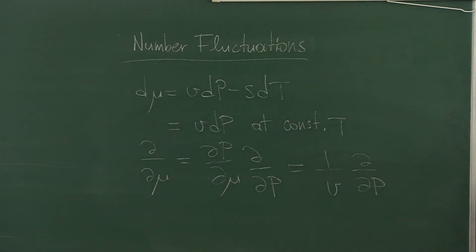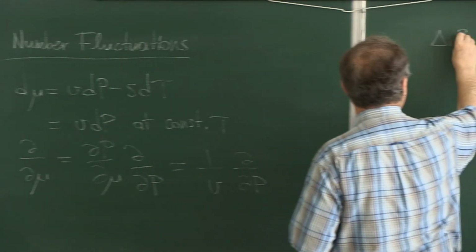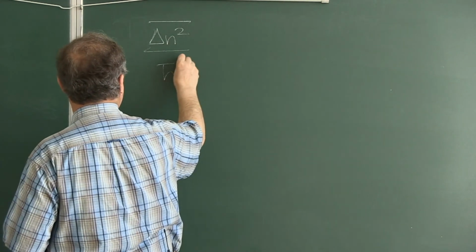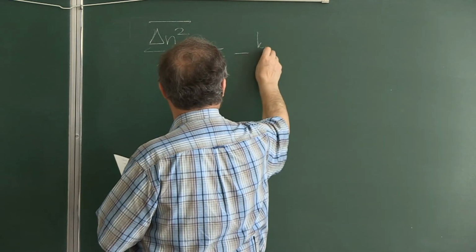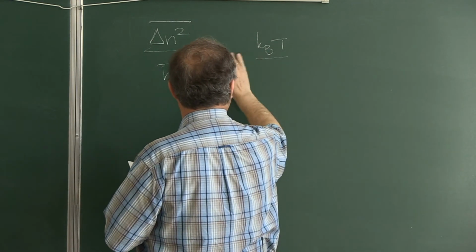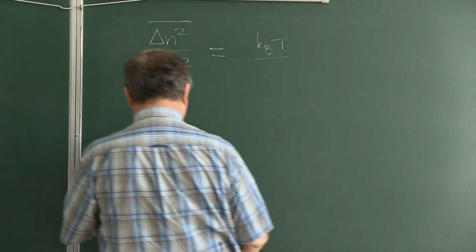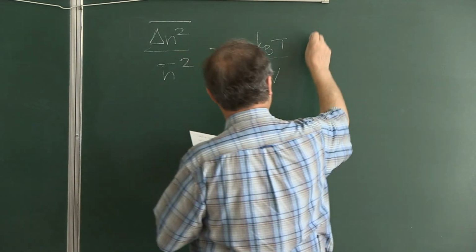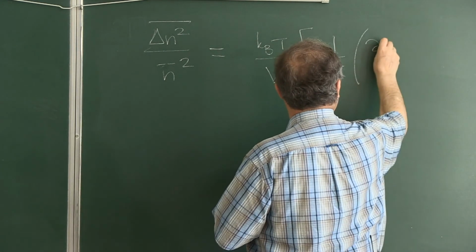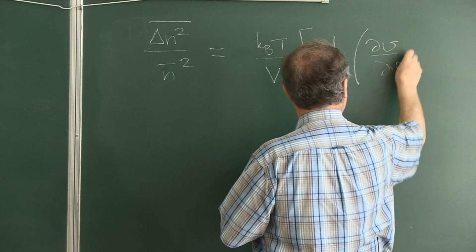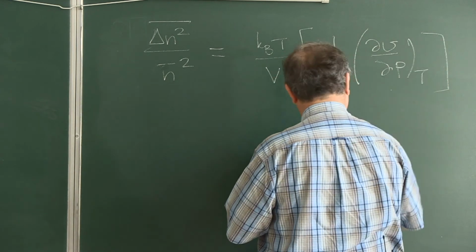So let's write delta n squared average over average n squared as minus kBT. Let's take this negative sign inside the quantity: minus 1 over v, del v del p at constant temperature.